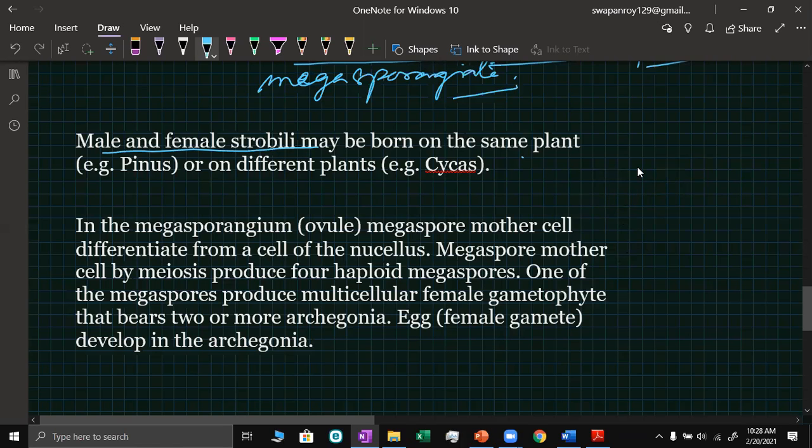So in Pinus, male and female cones are produced on the same tree. But in Cycas, the plants are male and female, different trees. In Ginkgo also, male and female trees are different.